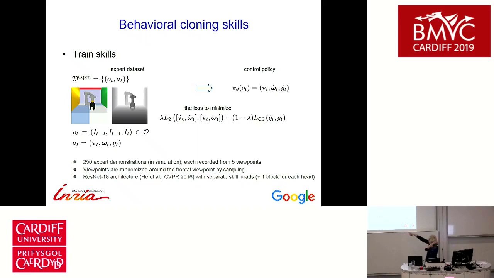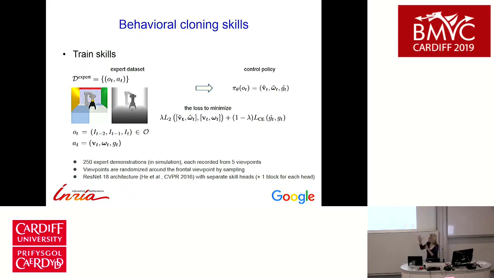So here, we take stacks of 3 depth images, 3 consecutive depth images. And from these 3 consecutive depth images, where we see where the robot is, we can then output the action. So the action would be the linear velocity and the angular velocity of the different joints of the robot arm, and then the position of the gripper. Okay?